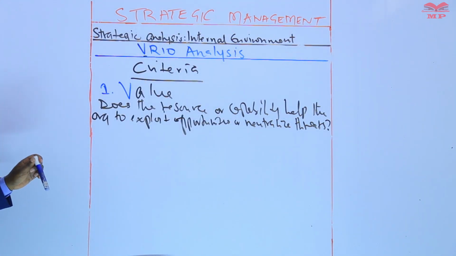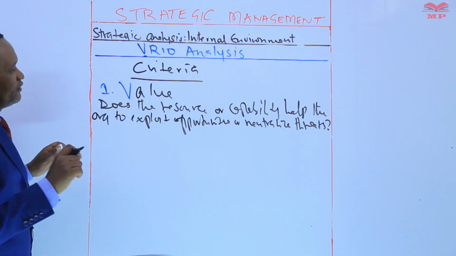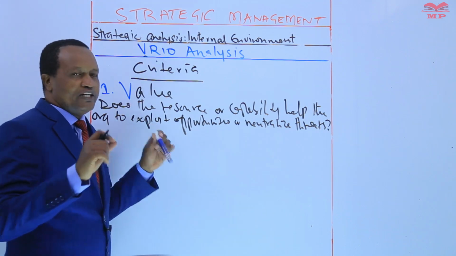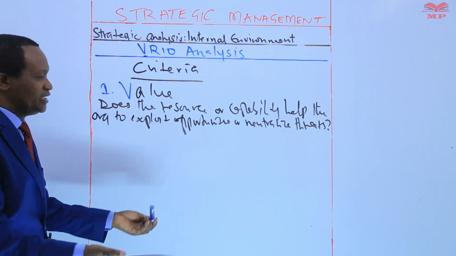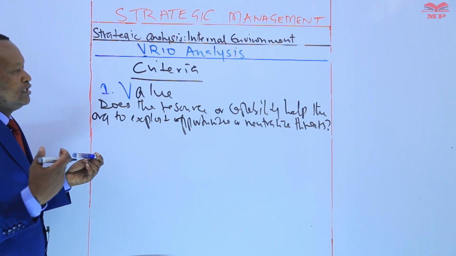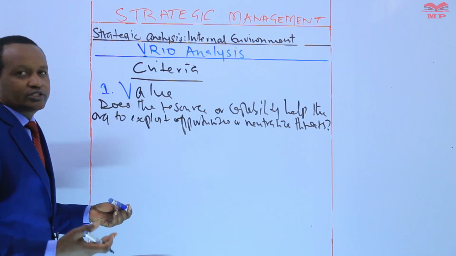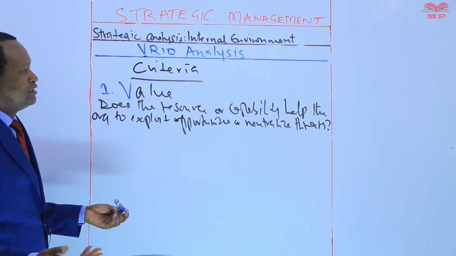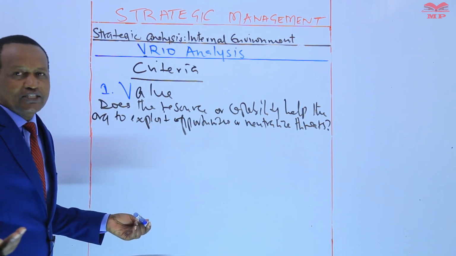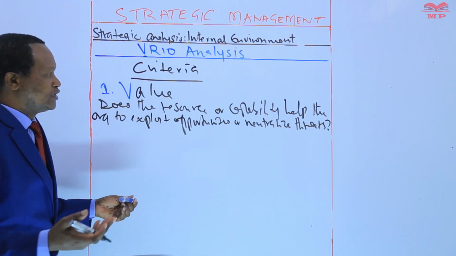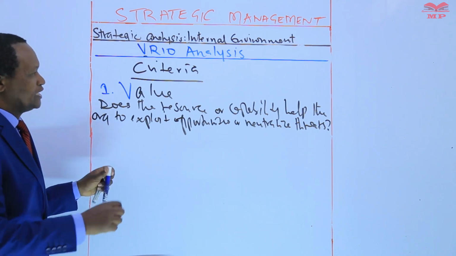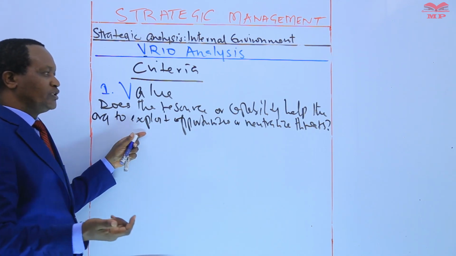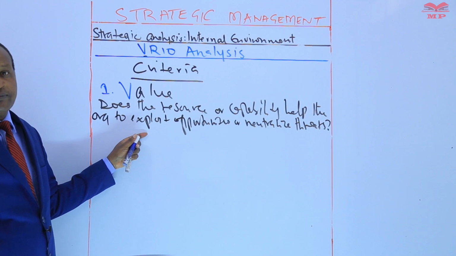When evaluating resources, the first criteria is to look at the value. Does the resource, for example, a building or any other resource, equipment, or intangible assets like brand reputation, enable the organization to exploit opportunities or neutralize threats?